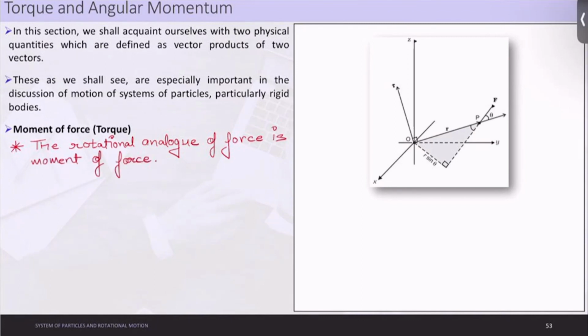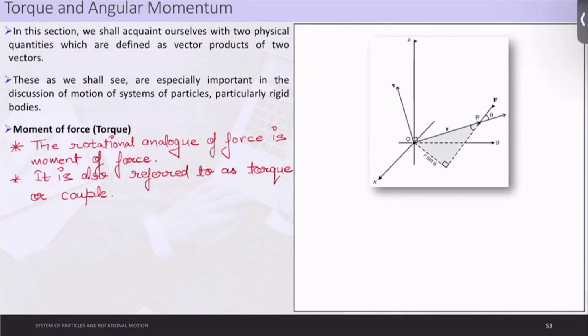It is also referred to as torque or couple. We shall use the words moment of force and torque interchangeably when required. Now let us first define the moment of force for a single particle, then extend this concept to a system of particles, including rigid bodies.